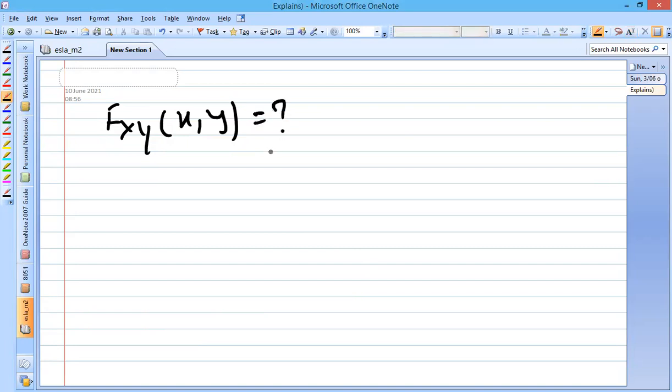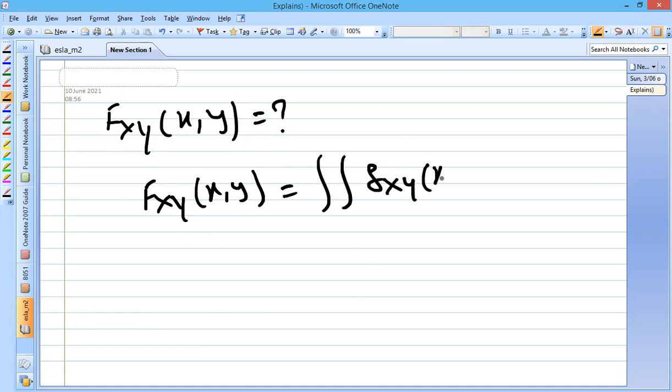As we know, the CDF fxy of x comma y can be obtained by integrating fxy of x comma y with respect to dx and dy, where x and y lie between minus infinity to plus infinity.